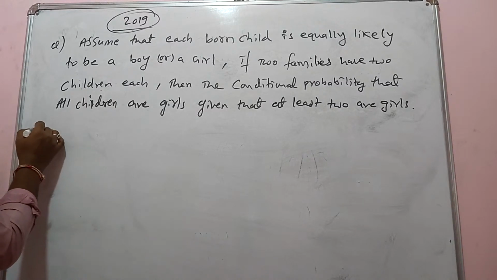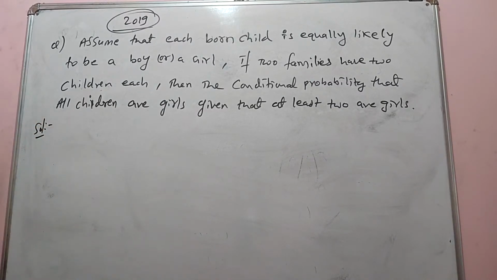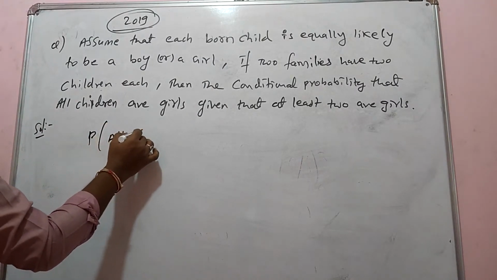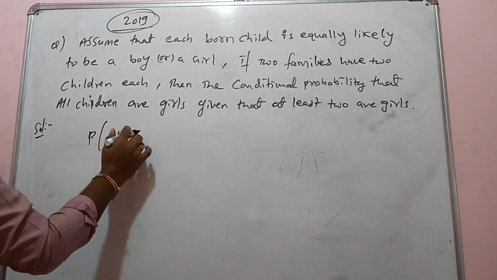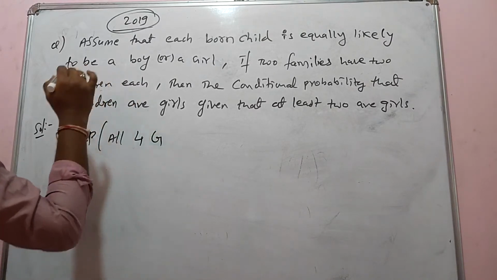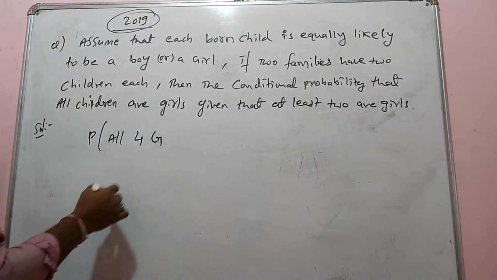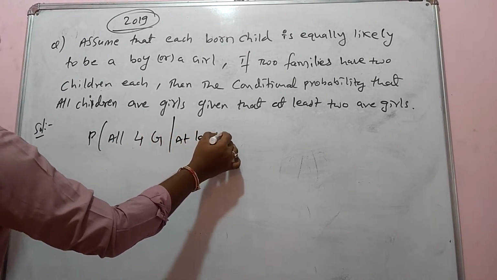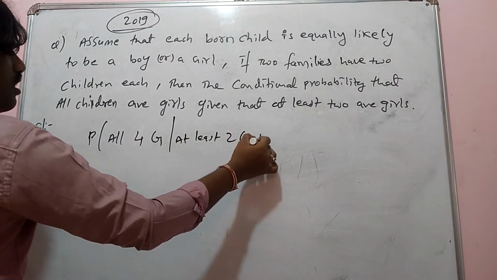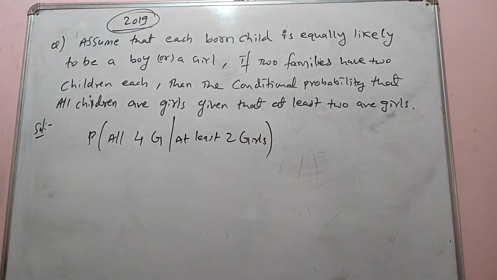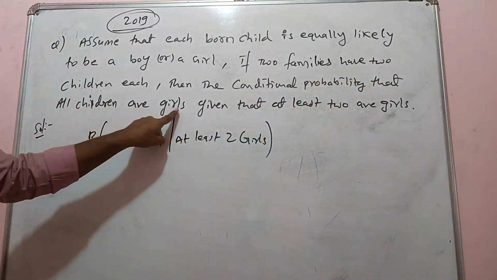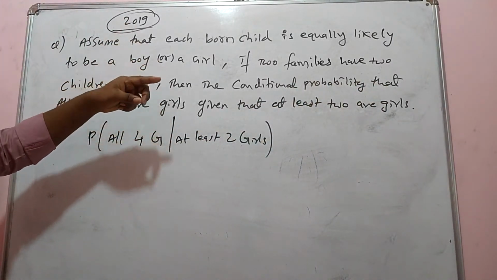So he is asking the probability that all children are girls, given at least 2 girls. How many children are there?